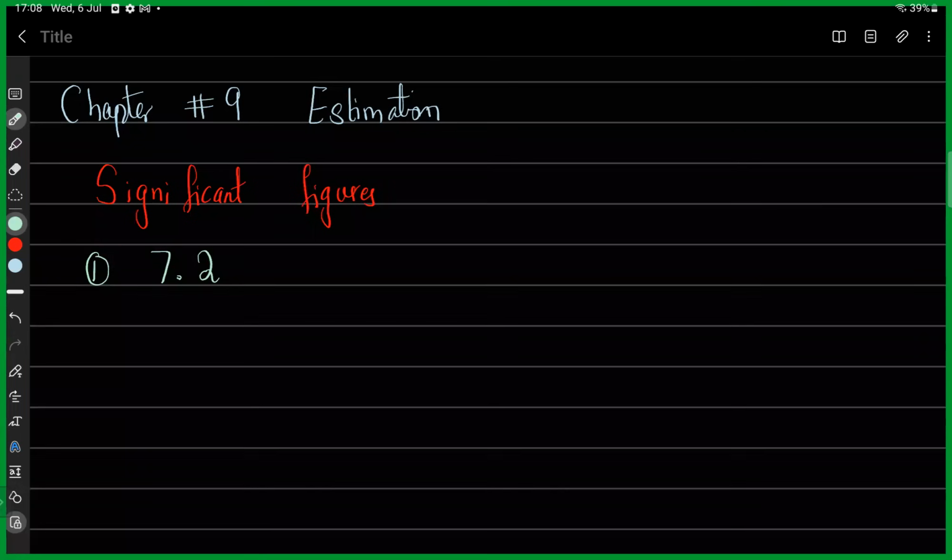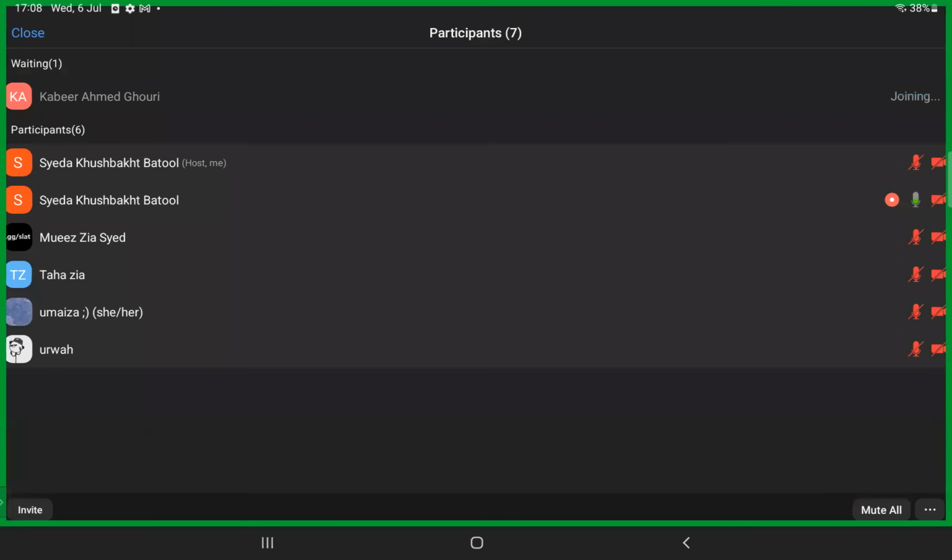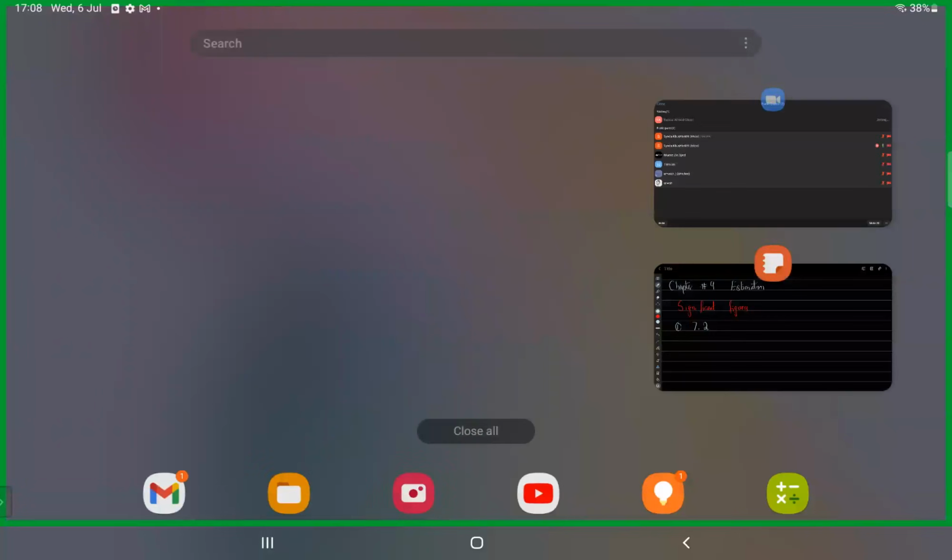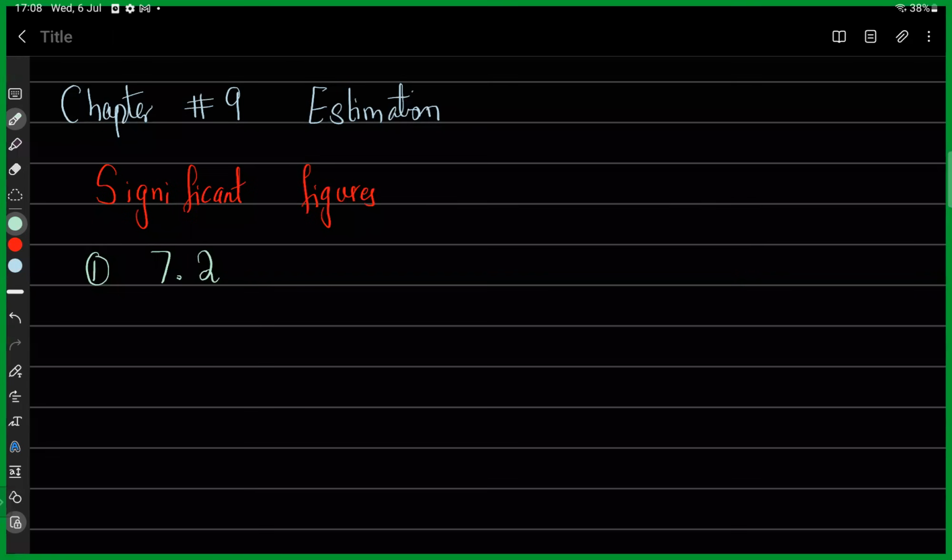When it comes to decimal we have some complications, but for now just know the number of significant figures is basically the number of non-zero digits in that number. So 7.2 has two non-zero digits in it. So I can say that it has two significant figures. Okay. This was the first example.